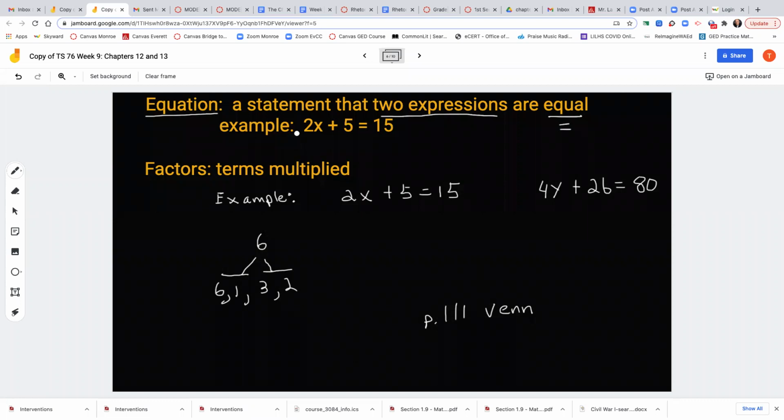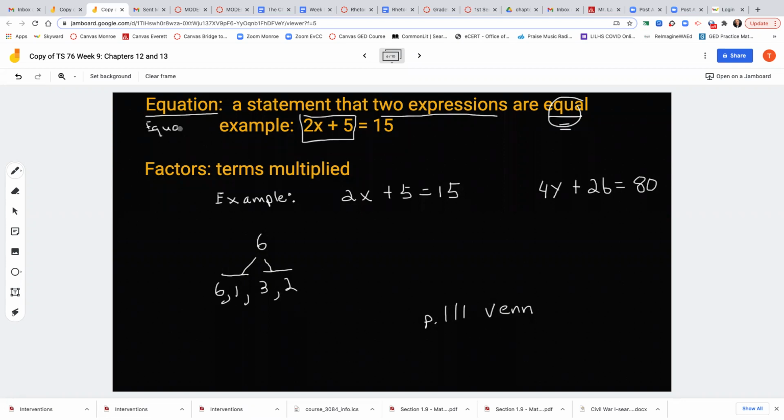I've got the expression. This is my phrase here. It's not a complete sentence. 2x plus 5 equals 15. When you see that equal sign, with two things separated by it, you're looking at an equation, and it's actually got the word "equ" in it.